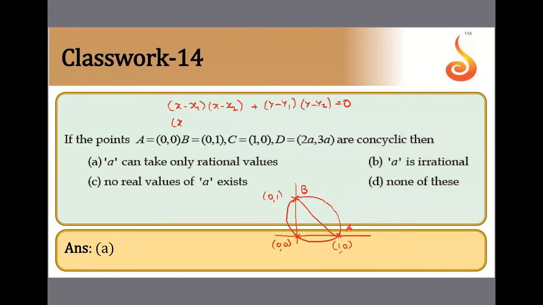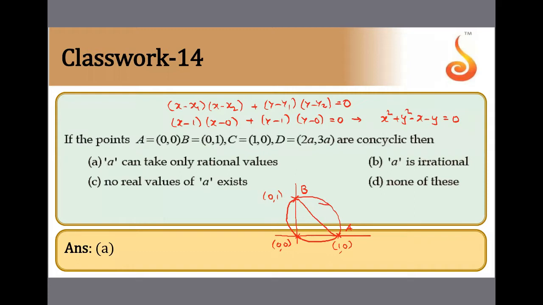So what do we get? (x minus 1) into (x minus 0) plus (y minus 1) into (y minus 0) equal to 0. This implies x square plus y square minus x minus y equal to 0.